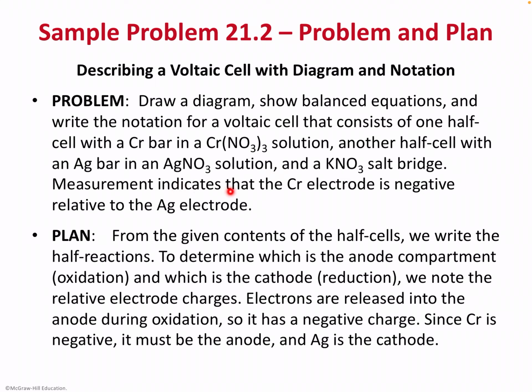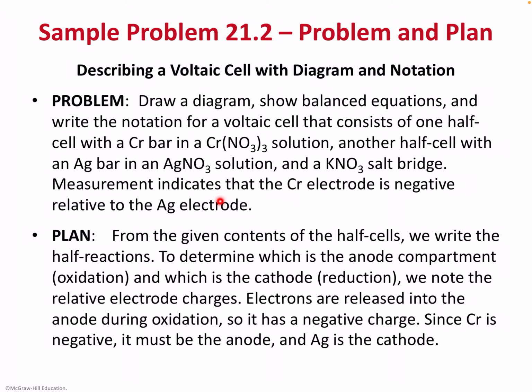Measurement indicates that the chromium electrode is negative relative to the silver electrode. Now we are given two solutions with electrodes in them. We are also given a very important piece of information: chromium electrode is negative.